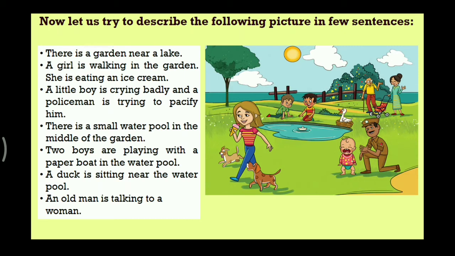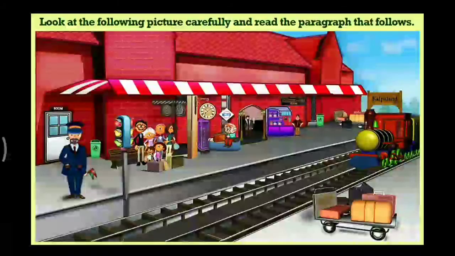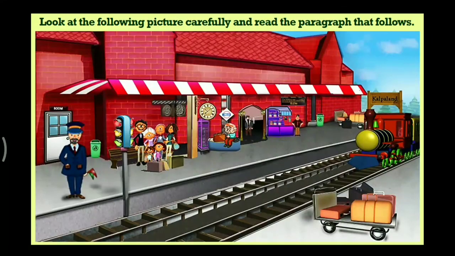So, let's move ahead. Oh, so good. Again, a very colorful picture. So now look at this picture and I will give you some time now. Then I will help you to observe this picture minutely.